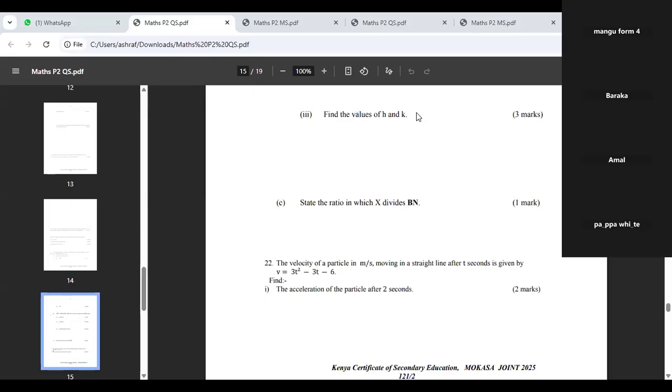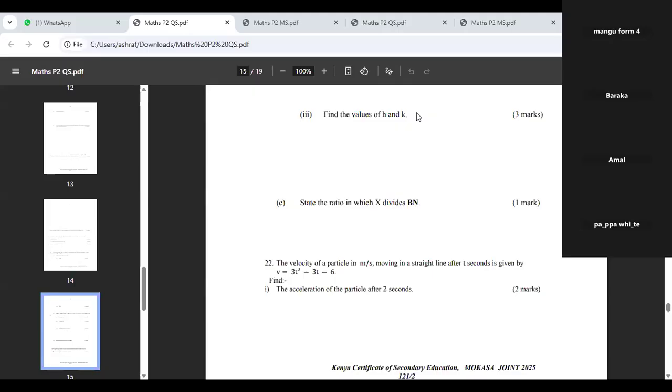So BX, what is vector BX? Let's just come up with BX, the vector. BX, do you have it in vector form? What was it? BX was HBN, isn't it? So even this is easy.